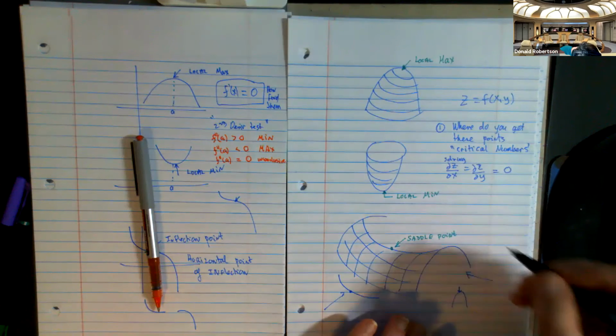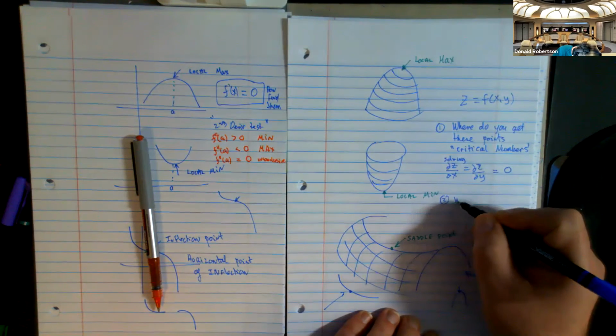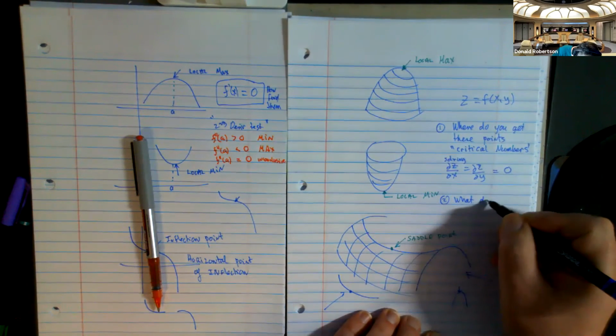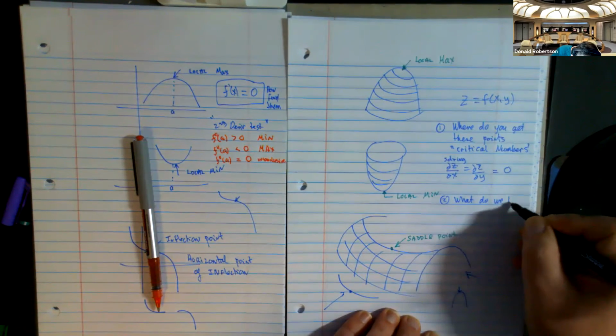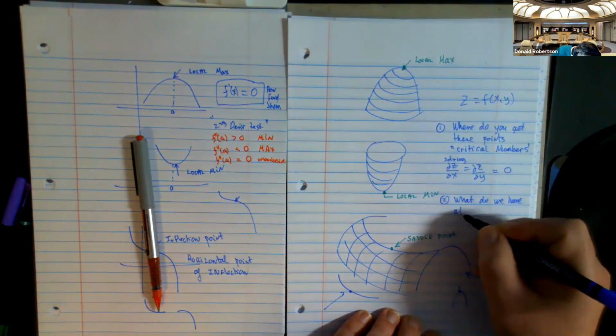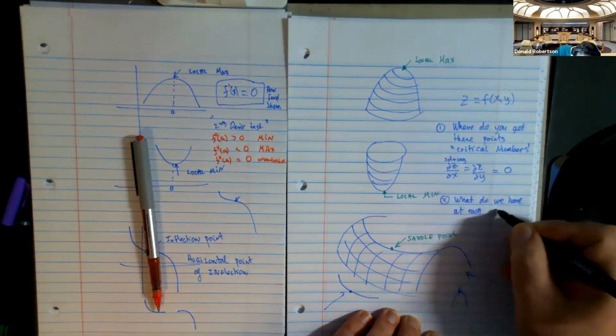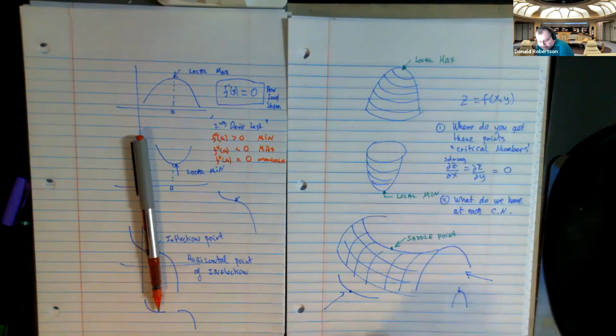Now, the second part of that puzzle is, what do we have at each critical number? So what I'm asking here is, let's suppose one of the critical numbers was (1,2). Do we have a local max?